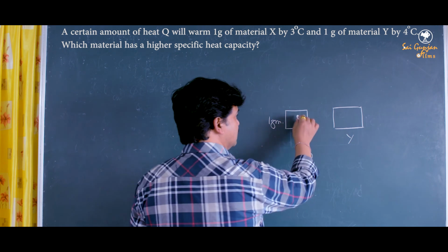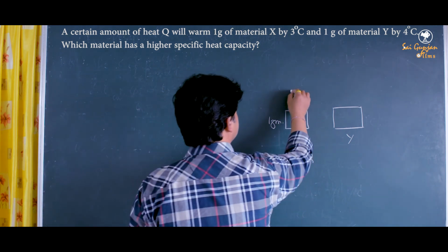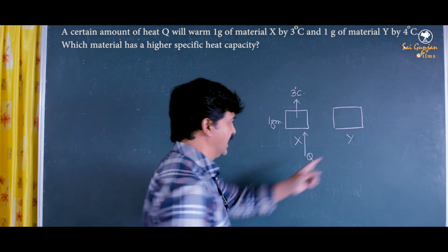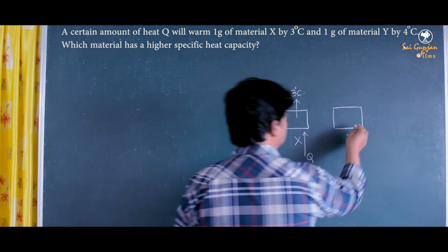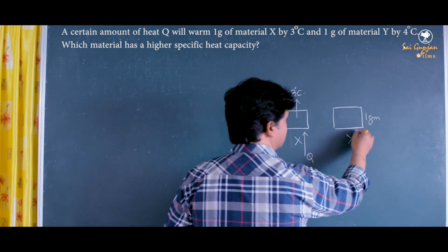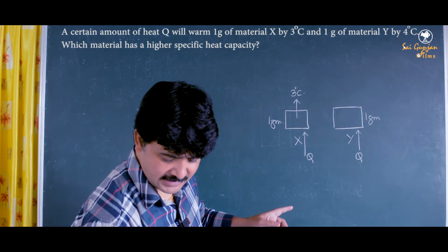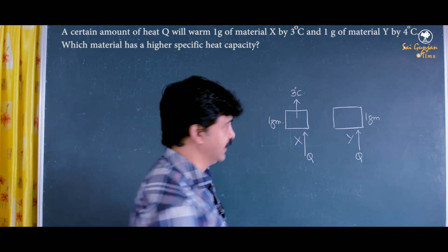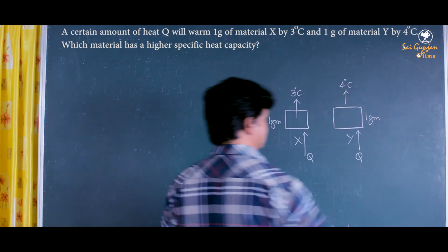Q. Okay, due to which the temperature rises by how much? 3 degrees Celsius. And in the second case, 1 gram of material Y. So again the mass is same, 1 gram of material Y, and you are supplying the same amount of heat Q. Okay, that rises the temperature by 4 degrees Celsius in the second case.